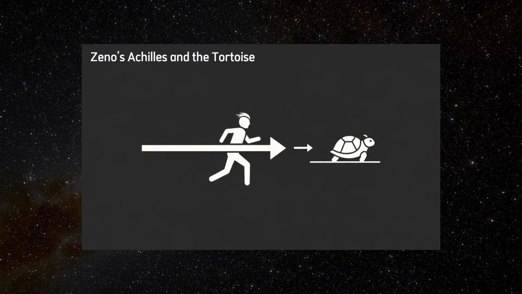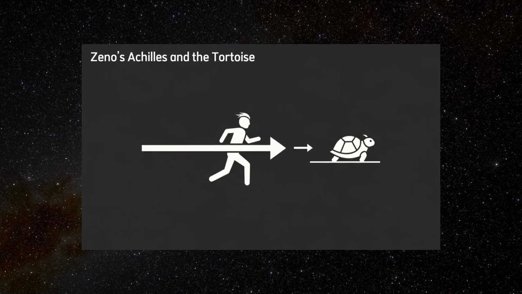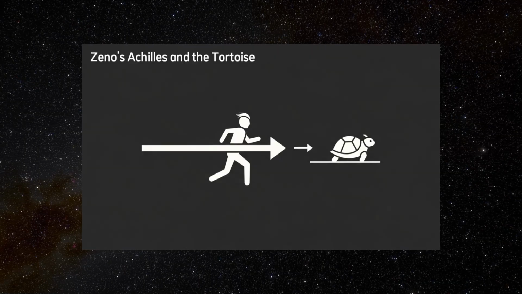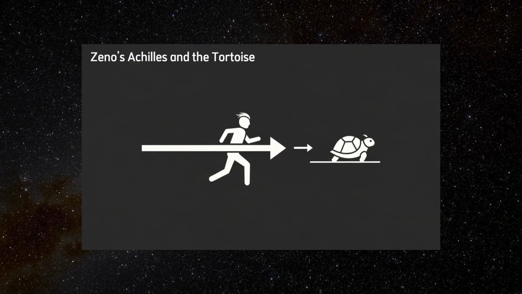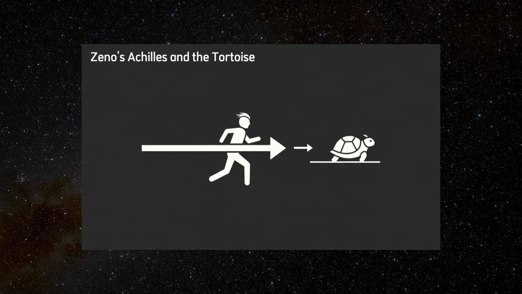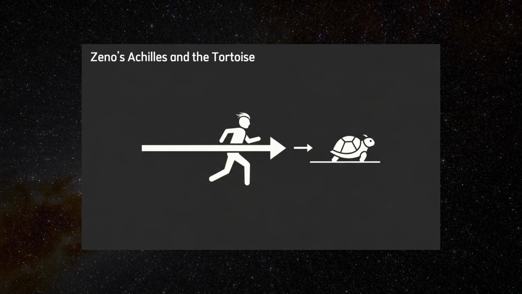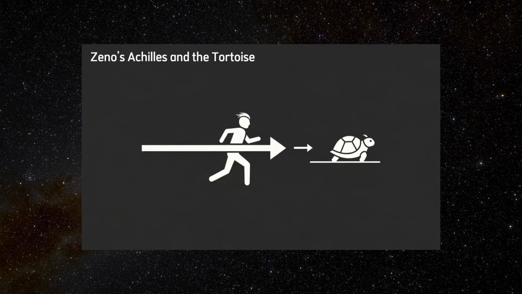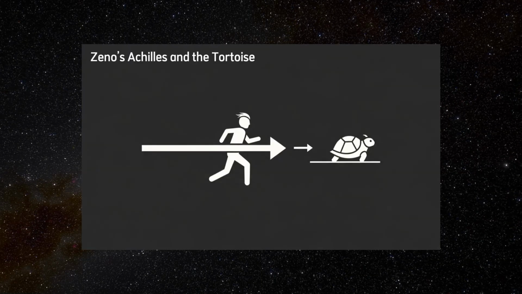Zeno's paradox, therefore, does not disprove motion but rather highlights the limitations of reasoning about infinity without precise mathematical tools. It shows how human intuition struggles with the concept of infinity and continuity, and how paradoxes can arise when we apply seemingly reasonable logic to such concepts.